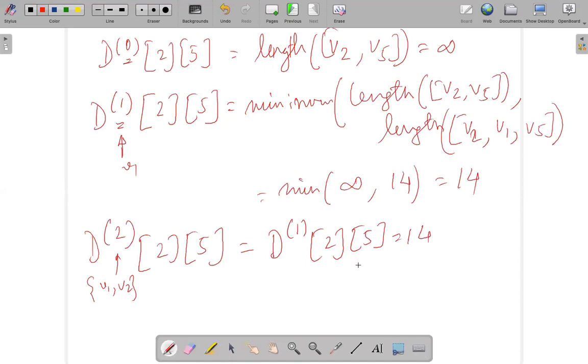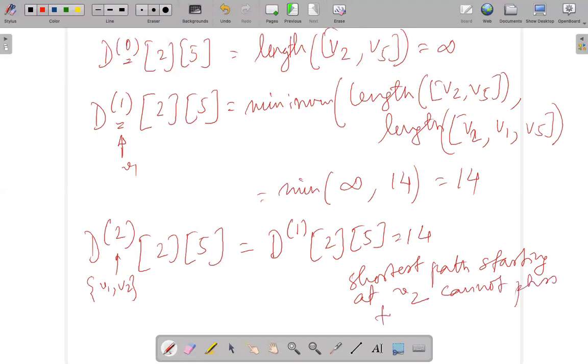Because for this graph, the shortest path starting at V2 cannot pass through V2. So including V2 does not help.